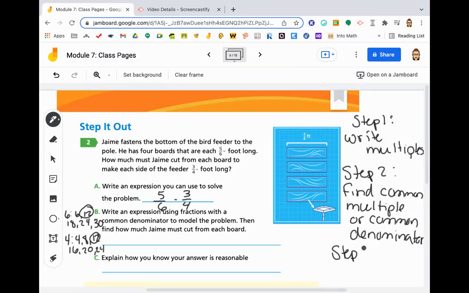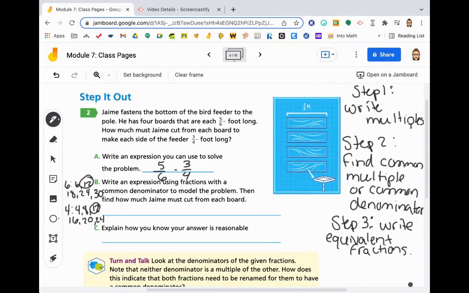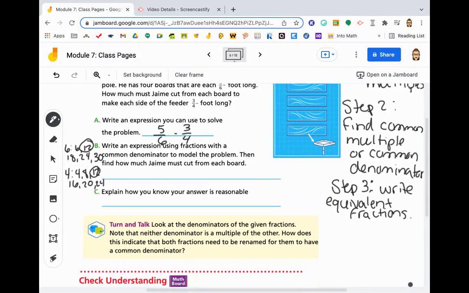And then step 3, write equivalent fractions. So to do that, we have 5/6 equals something over 12. We multiply the 6 by 2 to get 12, so we multiply the 5 by 2 and we get 10.